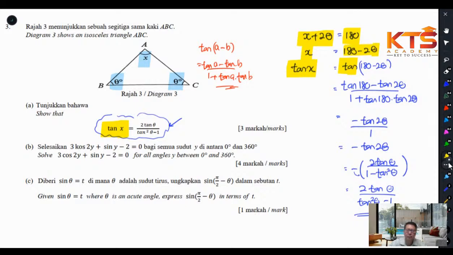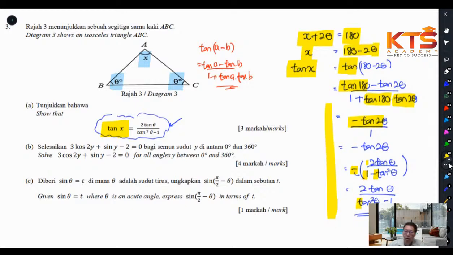Expand this one. Tangent 180, you will get 0, and then the whole thing becomes 0. So you have simplified it into this one. Tangent 2 theta, double angle, 2 tangent theta over this one. So the negative, you multiply in, and you get the answer.